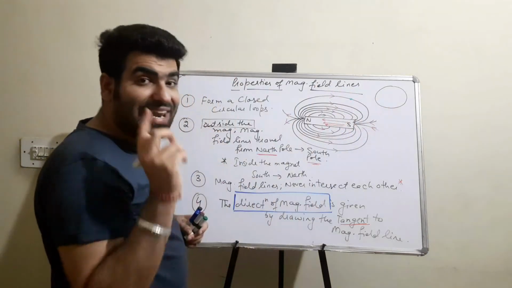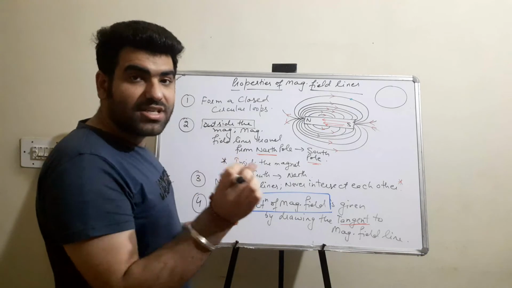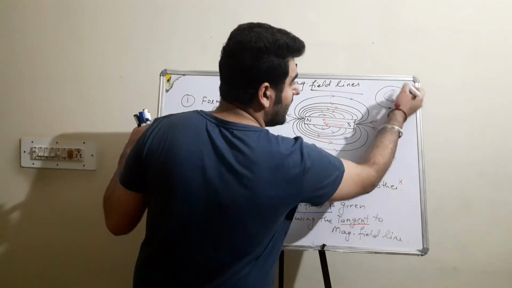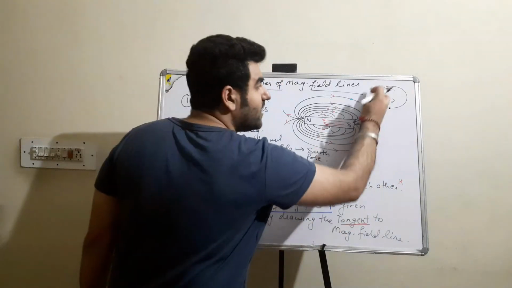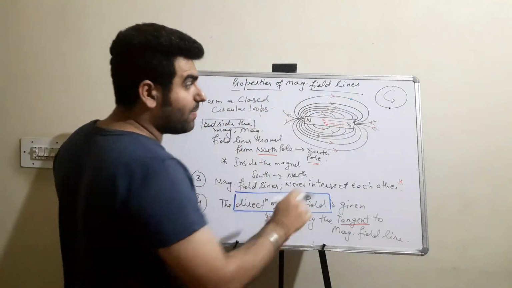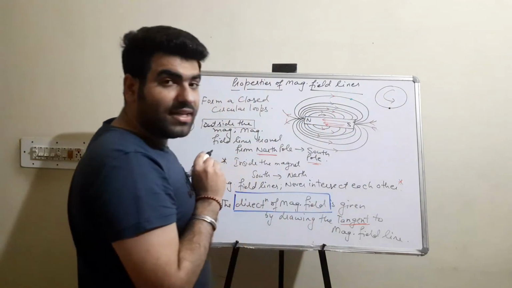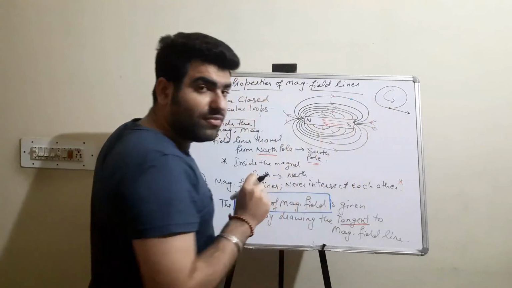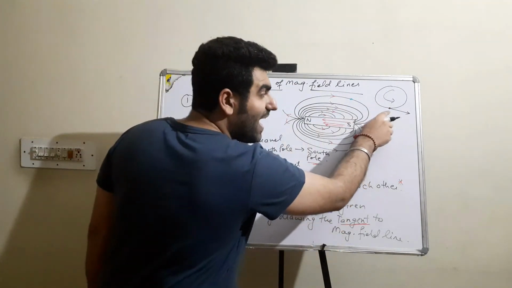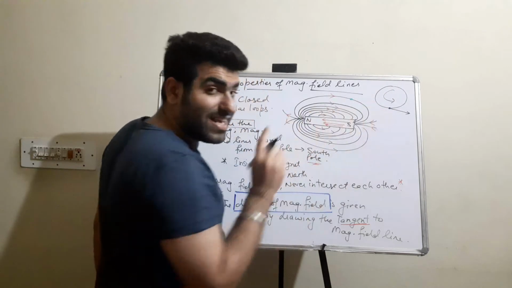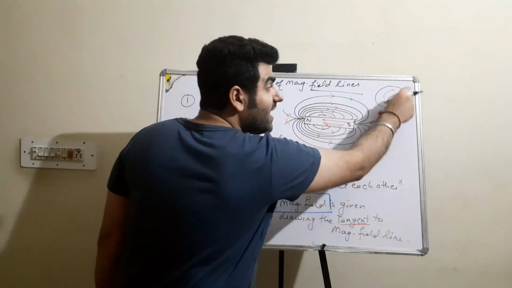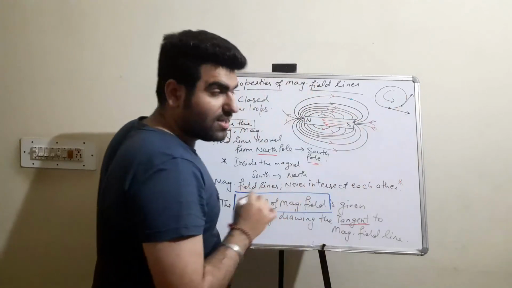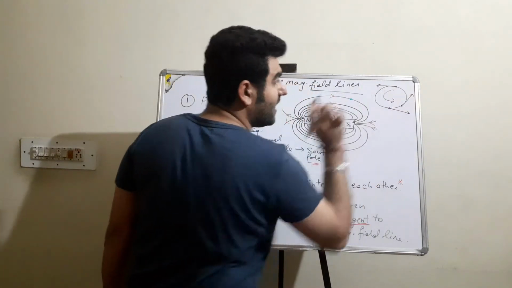If something is moving in an anti-clockwise manner, so it is undergoing a circular path, and I want to find out the direction at this point, I have to draw the tangent, and this tangent will give me the direction of that rotating thing at this instant. At each and every instant the direction will change, and again at this point the direction will change.